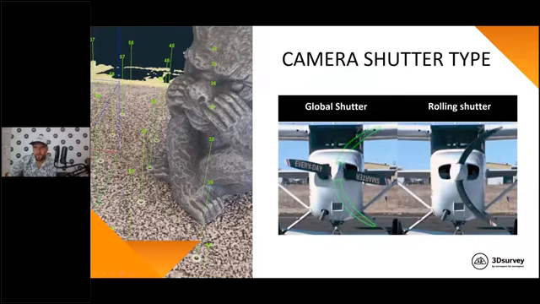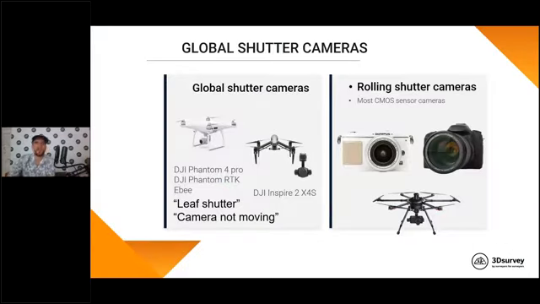So now, which cameras have global shutter and which ones have rolling shutter? So it turns out from the drones that are on the market now, we have DJI Phantom 4 Pro, DJI Phantom RTK, Inspire 2 with X2S camera, DJI P1 camera also has a global shutter.